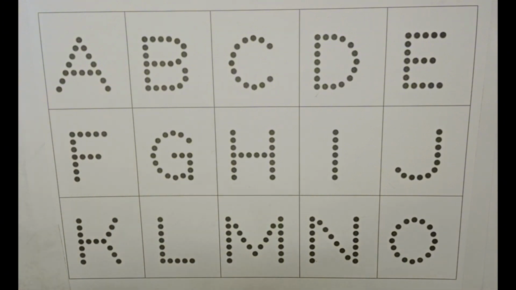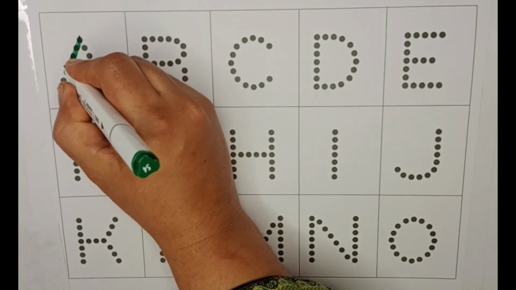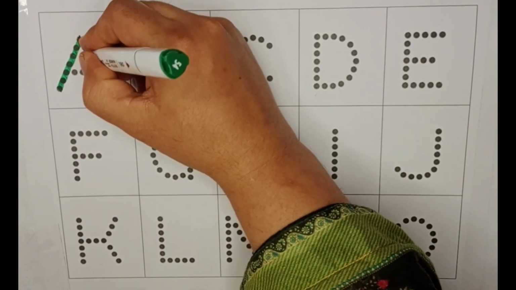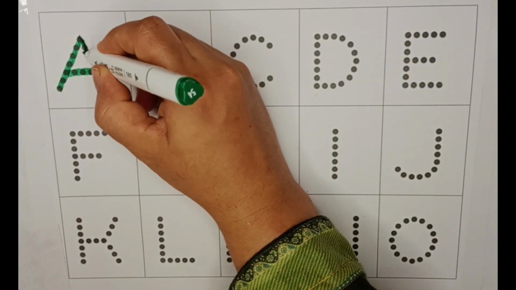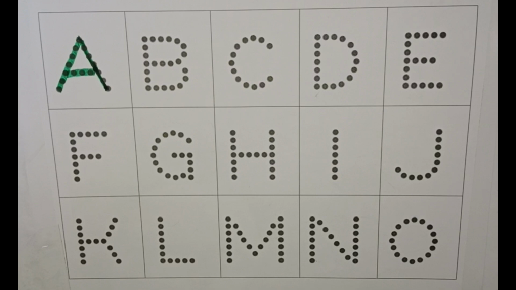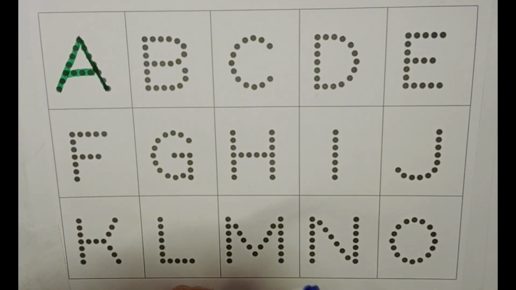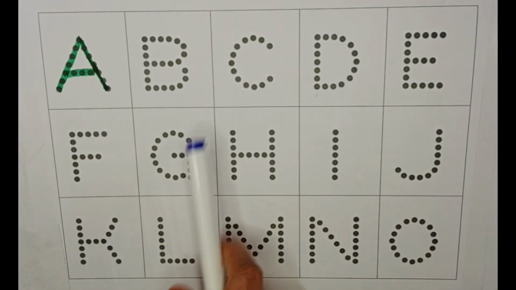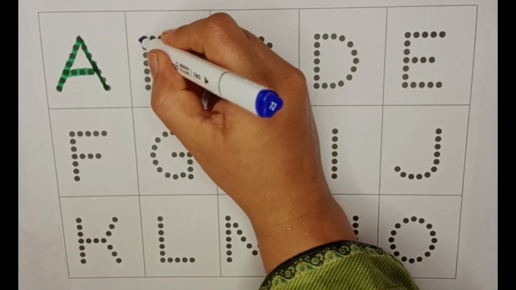Green color. A. A is for apple. B. Color is blue.